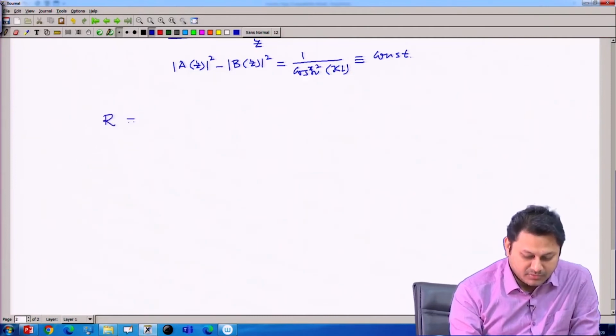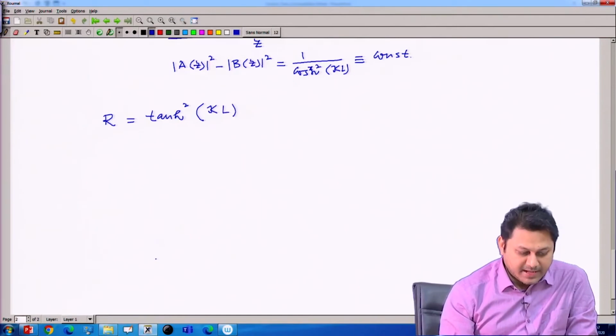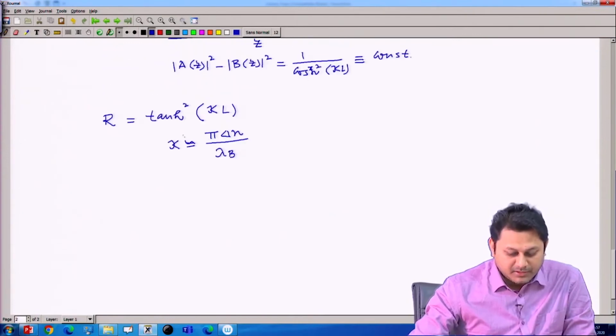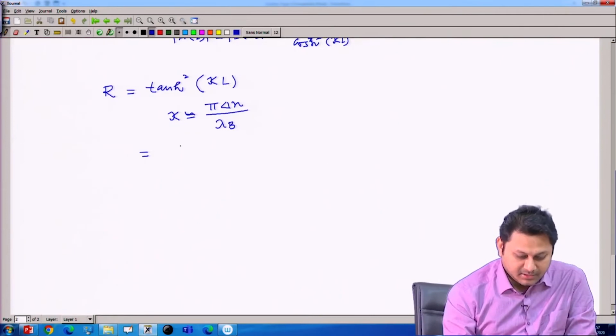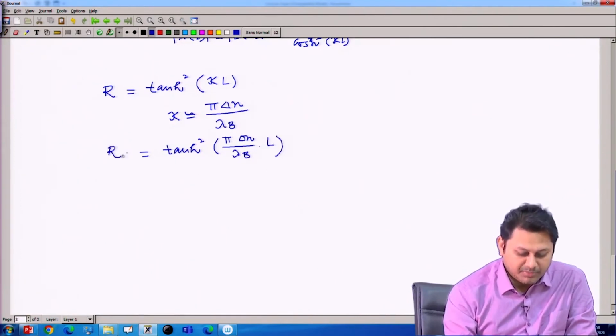So, R, which we figured out as tan hyperbolic square kappa L. We also find out that it is roughly, nearly equal to, when the operating wavelength is very close to the value of the Bragg wavelength, then this reflectivity can be simply written as tan hyperbolic square pi delta n divided by lambda b multiplied by L. If all these values are known, then we can calculate the peak reflectivity.